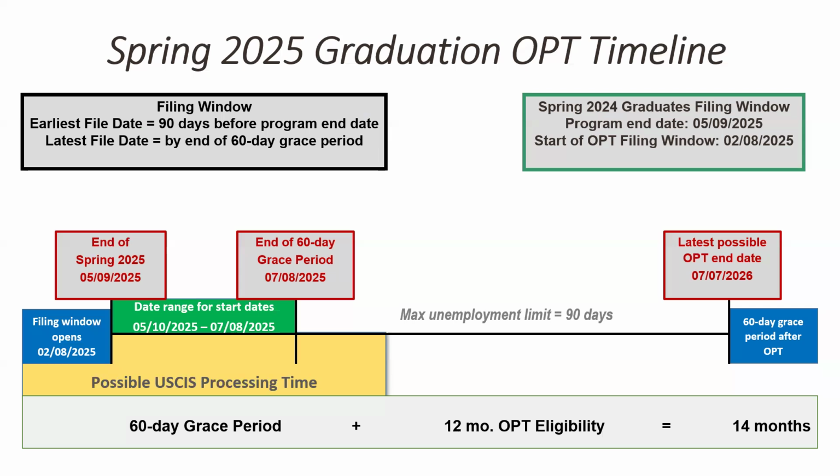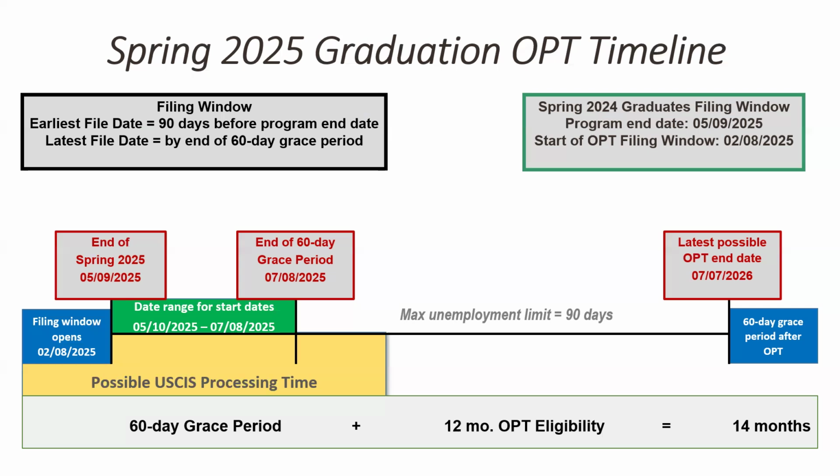Now, let's say you're still deciding what you want to do after graduation, and you decide to file for OPT in May. And you choose the latest possible start date, which would be July 8th. Well, if you file in May and it takes USCIS 3 months to process your application, you might not receive anything until August.